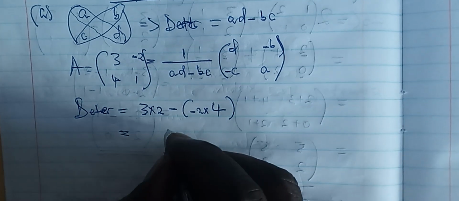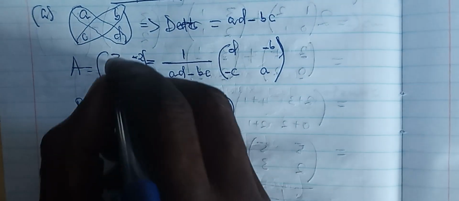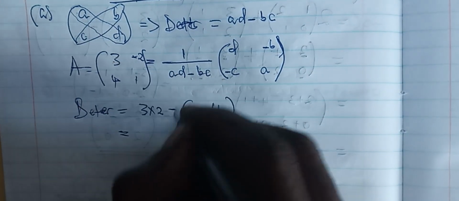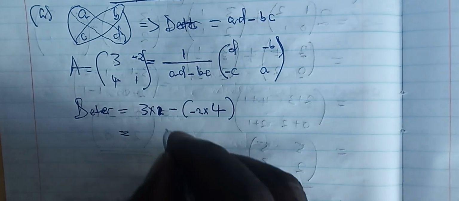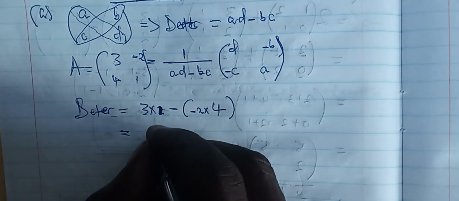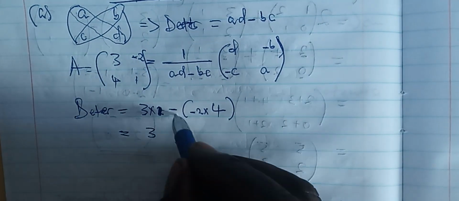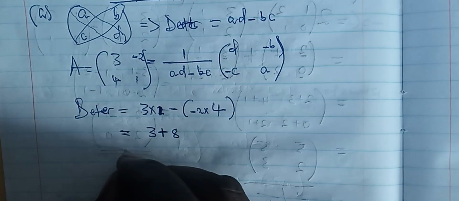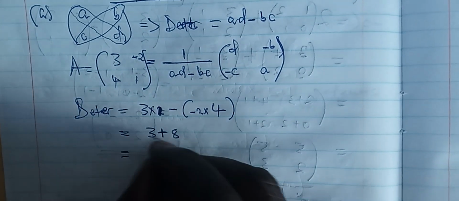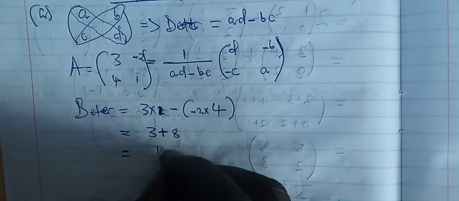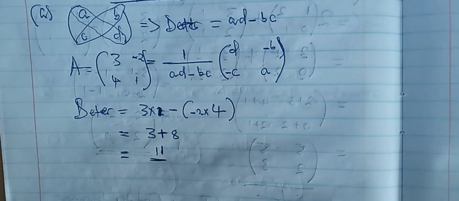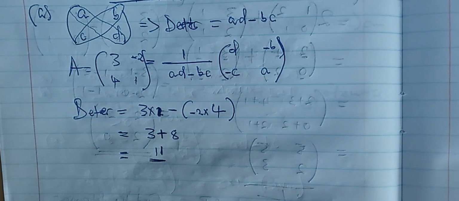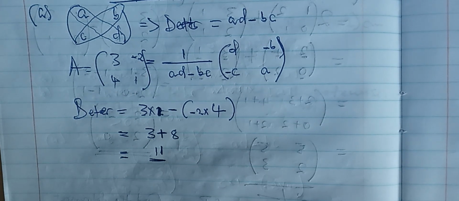Sorry, this one is 3 times 1, not 2. So here we're going to have 3, then a negative, and the negative is going to be a positive 8. So 3 plus 8, we are going to have 11. So 11 is our determinant, which answers part A of the question.